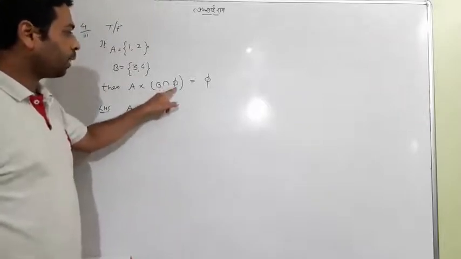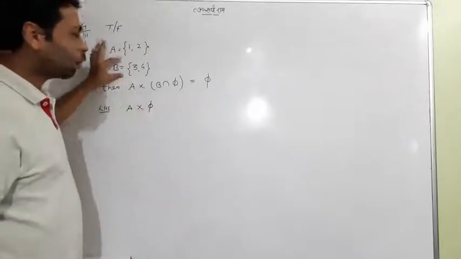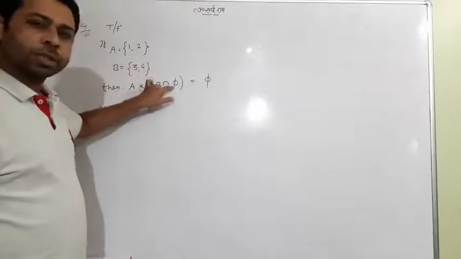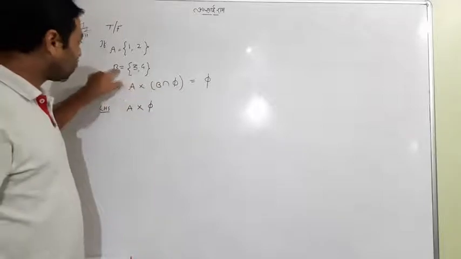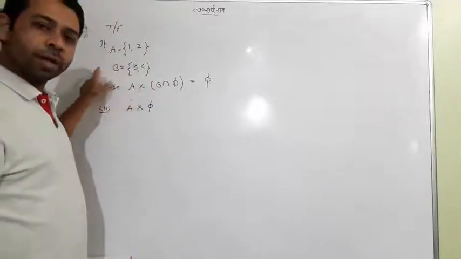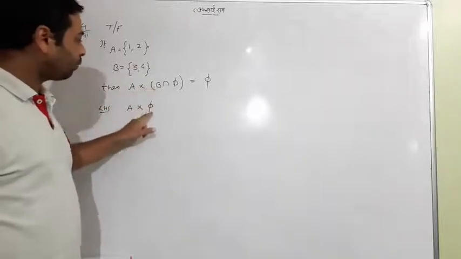B intersection phi is itself phi. We need not see what B is. B may be anything, but phi is the smallest set, so B intersection phi is definitely phi.